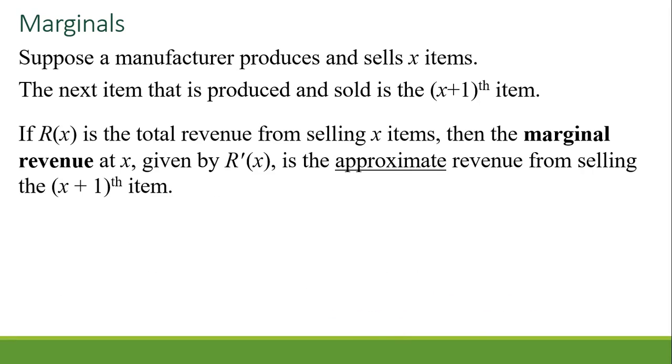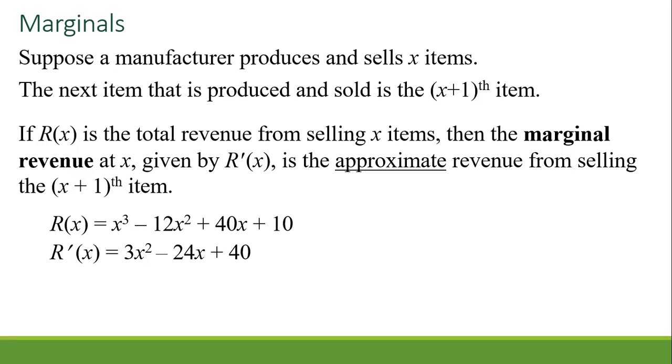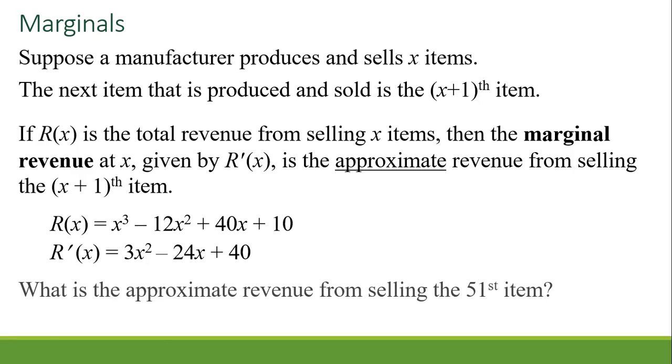Now this also can be used to find what's called marginal revenue, which is the approximate revenue from selling the next item after the first X items are sold. So if we have a revenue function and we take its derivative, we'll have a marginal revenue function.